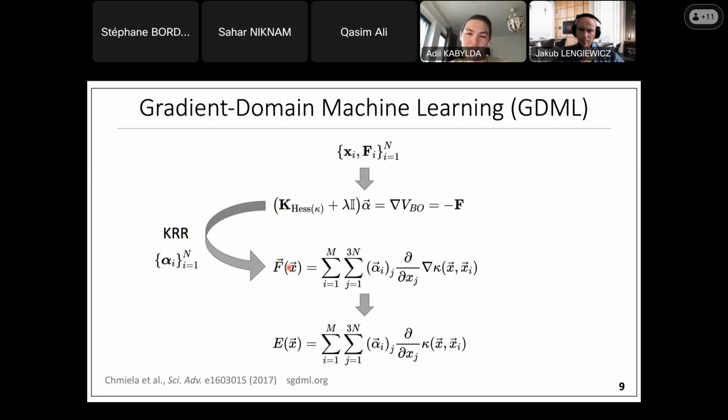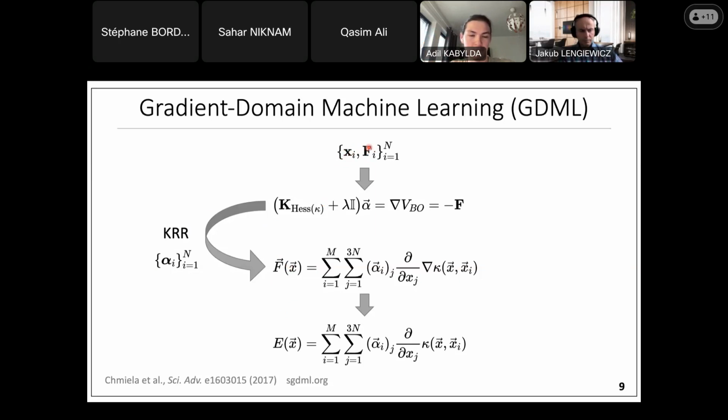So we basically learn all possible geometries and forces in our training set, and for a new query, we can predict new forces and new energies. And this is what drives our molecular dynamics and all of our predictions, and gives us the way molecules and materials move in reality.